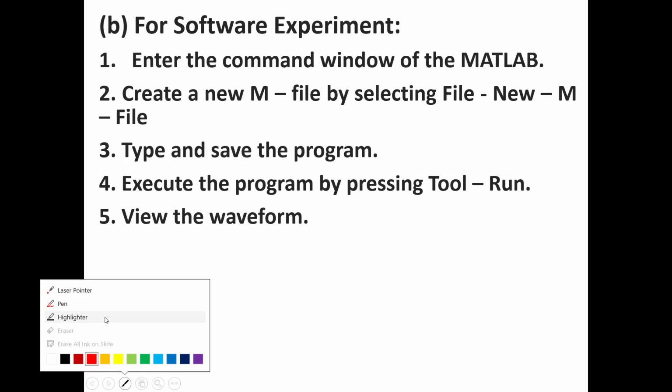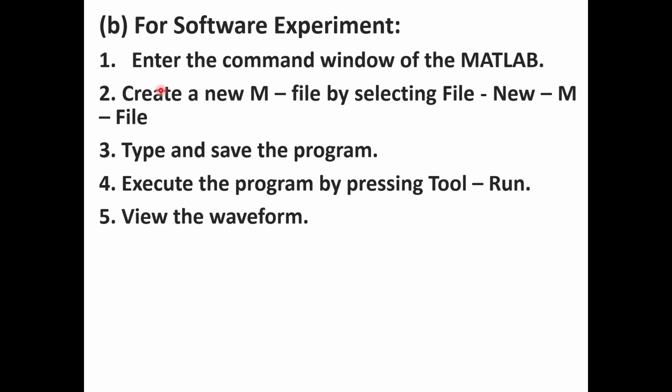Now, procedure for the software experiment. For the software experiment, enter the command window of MATLAB, create a new M file by selecting file, then new, and then M file. Now type the program and save the program.